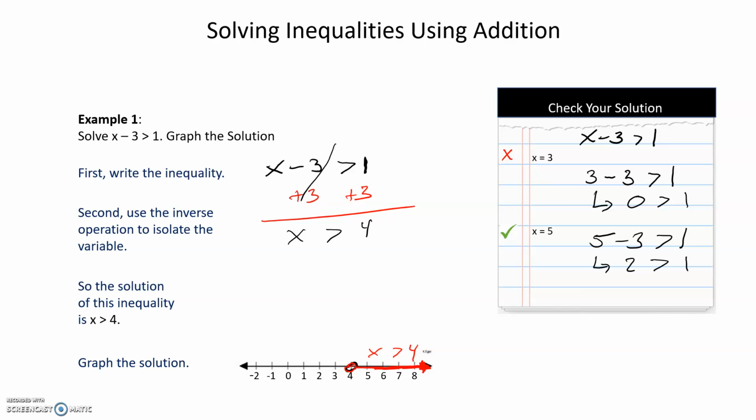So x minus 3 is greater than 1 is the same as 1 is less than x minus 3, right? It doesn't matter which side the variable's on. It all depends on what the open portion of the inequality is facing.